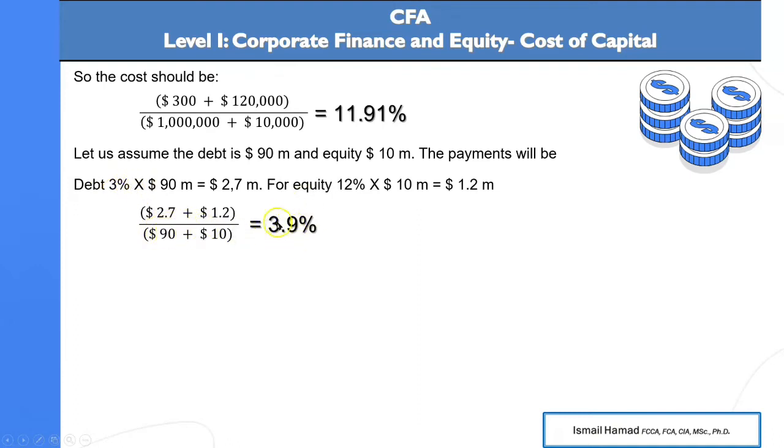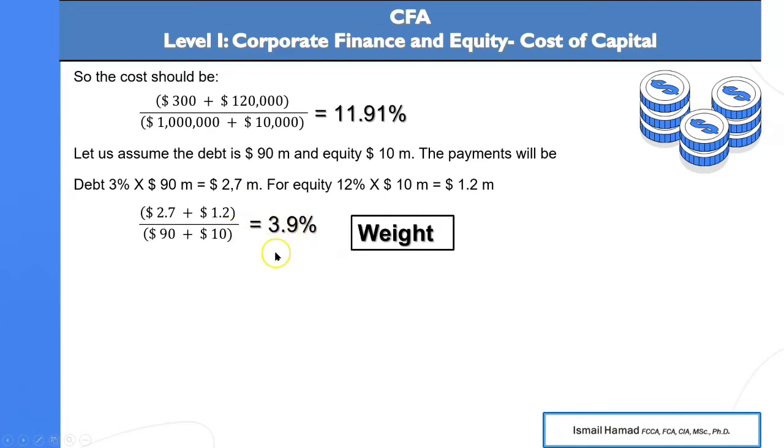This is why the average tends to move towards the cost of the debt, because it's huge debt. Here the equity is huge and the average tends to move close to the cost of equity, which is 12%. So it depends on the weight of the debt and the weight of the equity. So the crucial word here is weight.